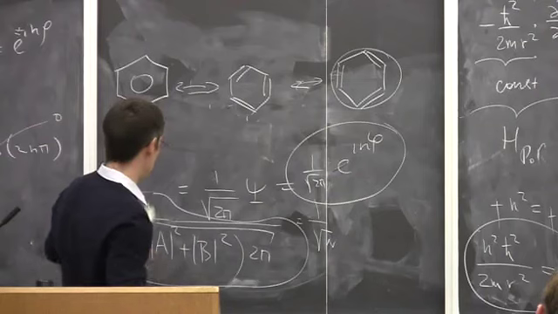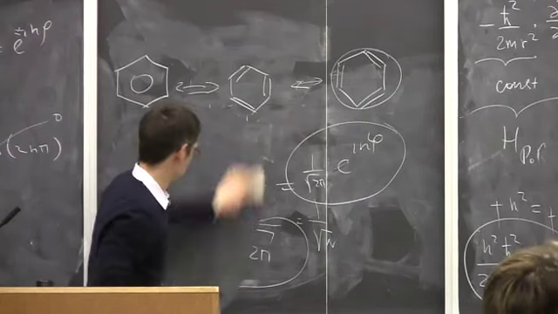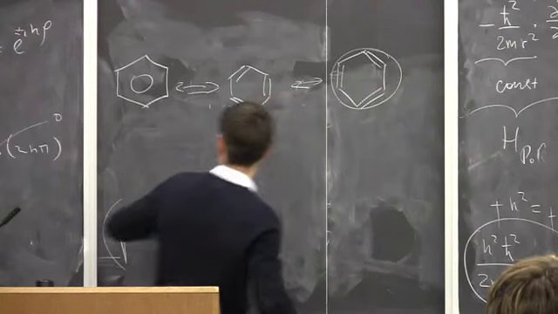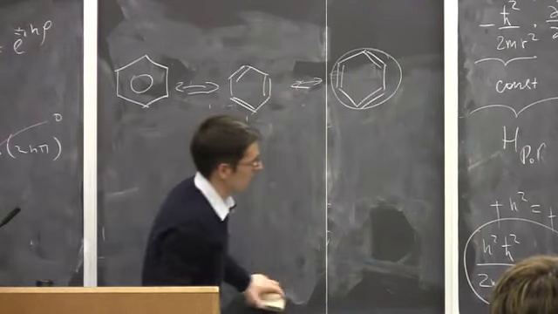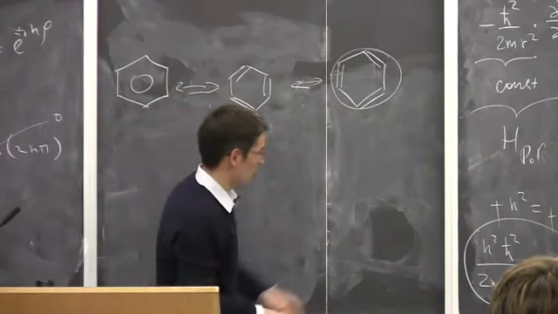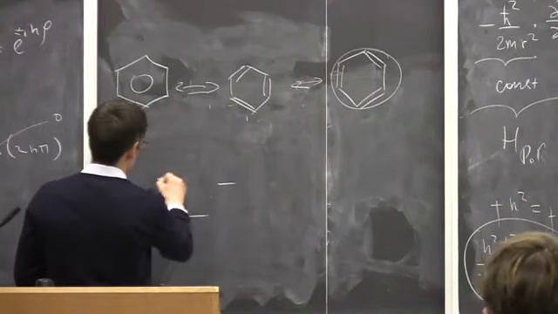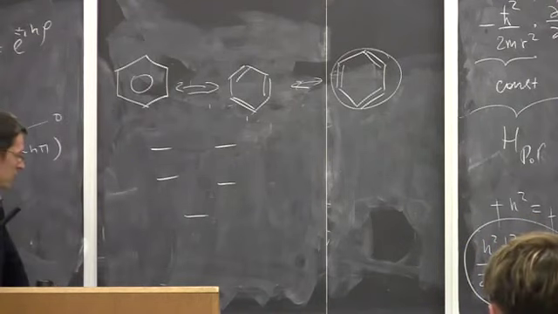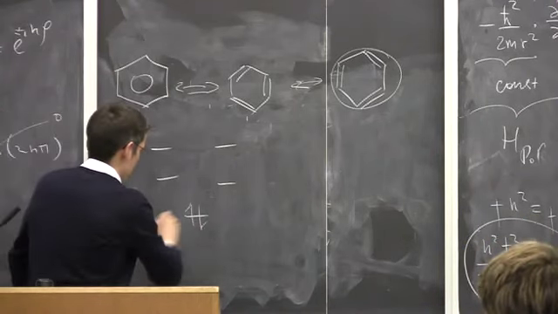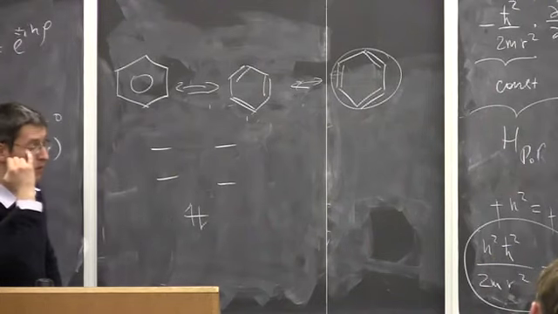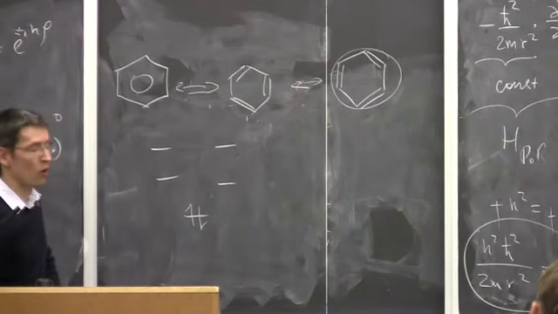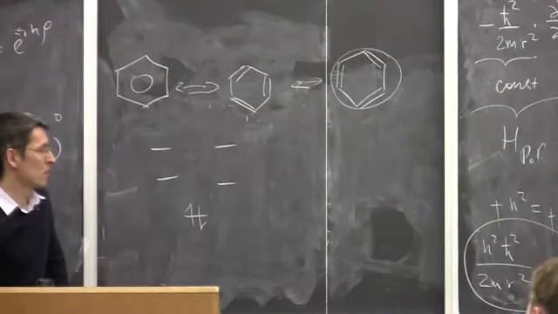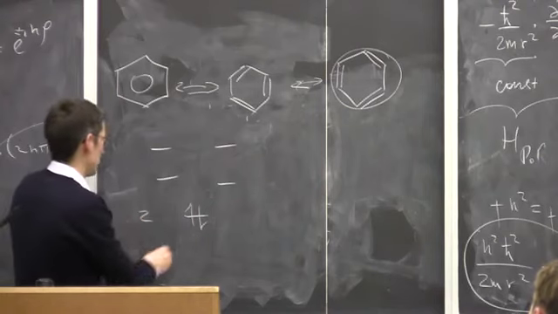Okay, now how does the 4n plus 2 rule come about? Well, because of a structure like this, you can see that electrons are all paired up. We'll talk about spin in the last lecture, but you know that they are all paired up, and considering this as orbitals, this is 2.